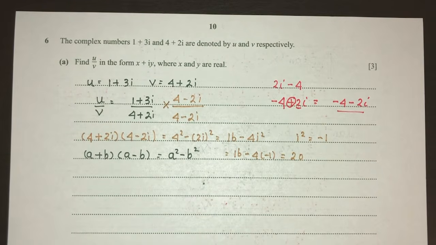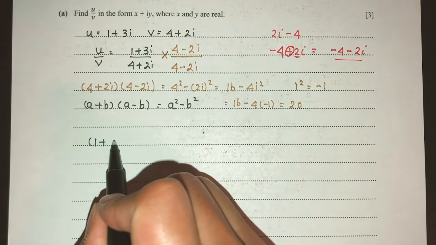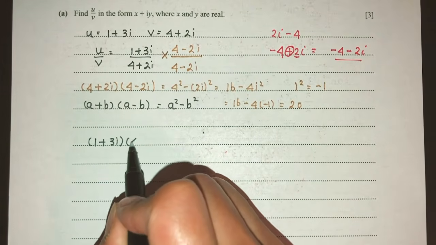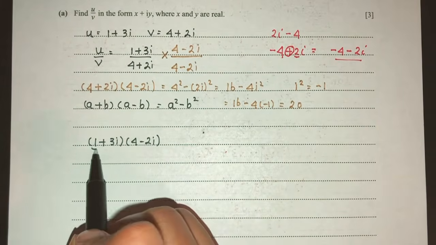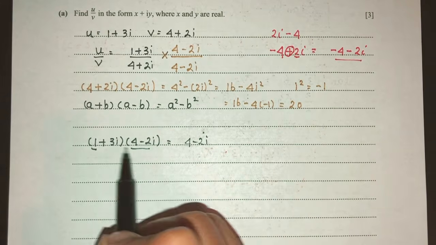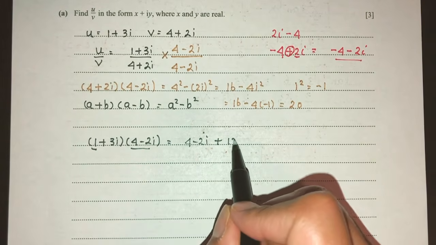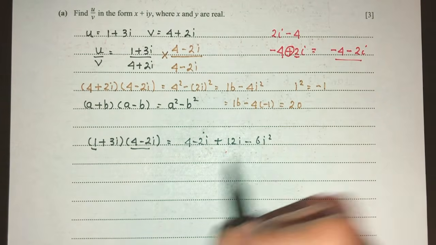Now how about the top? Let's check. The top we have (1 plus 3i) times (4 minus 2i). Let's first expand this. You have 1 times this, which will give you the same thing, and then 3i times this will give you plus 12i. Then we have minus 6i square.